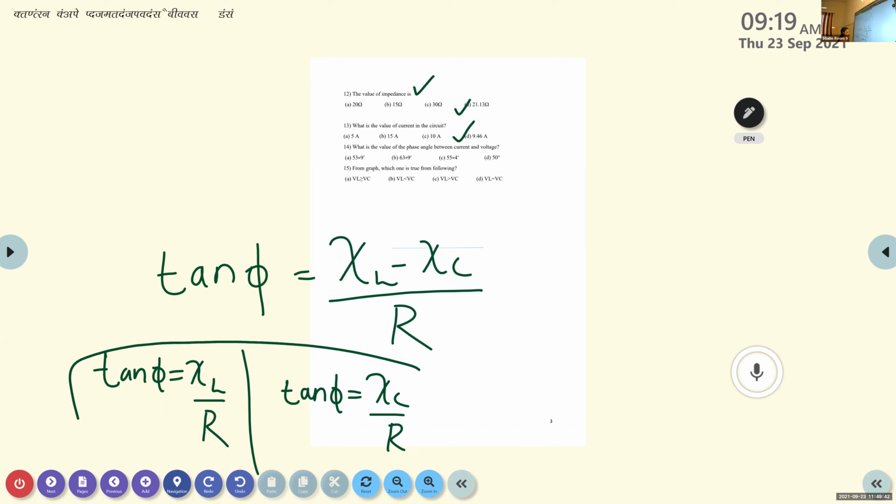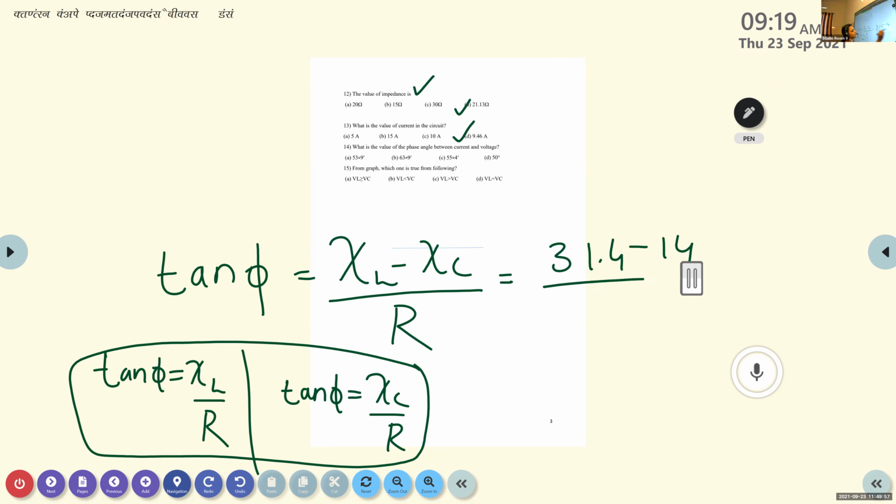But here in the present case, we have all three components, so we need to take the general equation. Tan phi is equal to X_L minus X_C by R, that is equal to 31.4 minus 14 divided by 12, which implies tan phi is equal to 1.45.